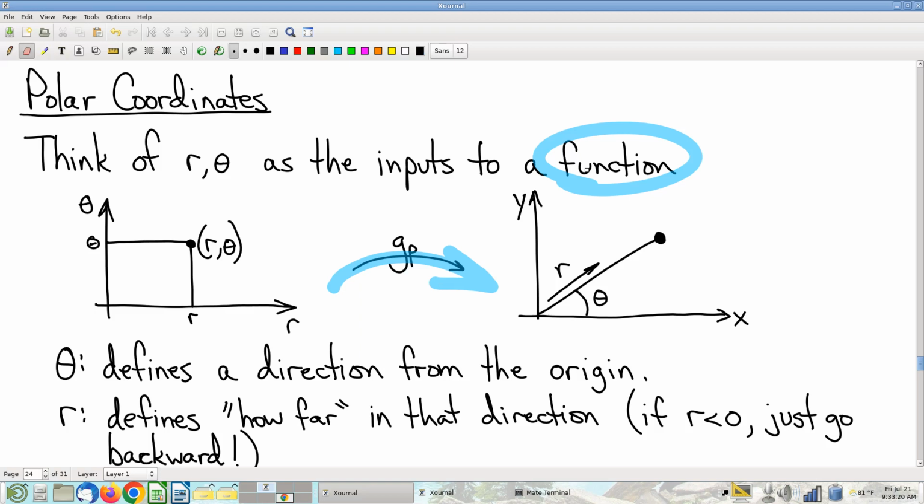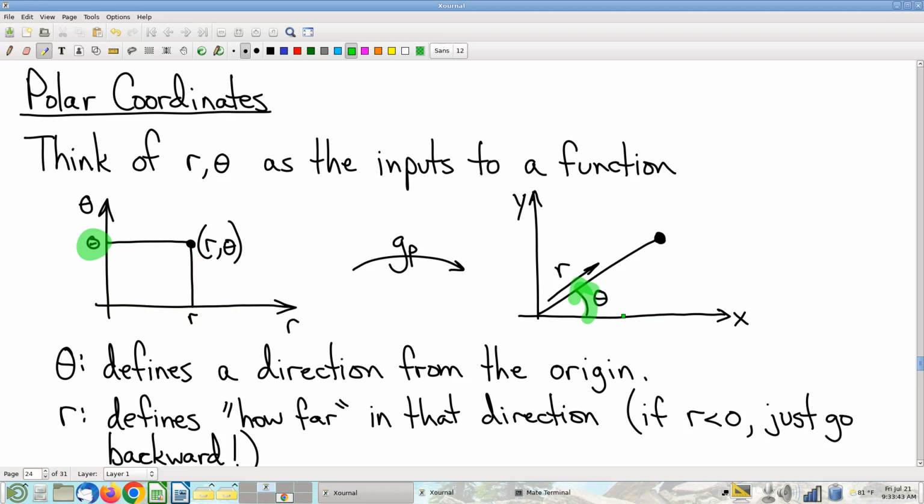Now, in particular, how does that work? Well, the idea is that this coordinate here, theta, represents an angle specifically as measured going counterclockwise, arbitrary choice, I grant, right? But that's the convention, counterclockwise from the positive part of the x-axis.